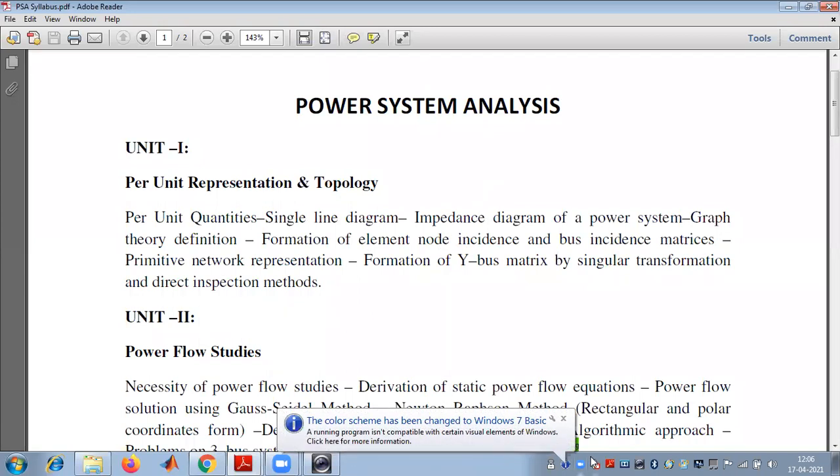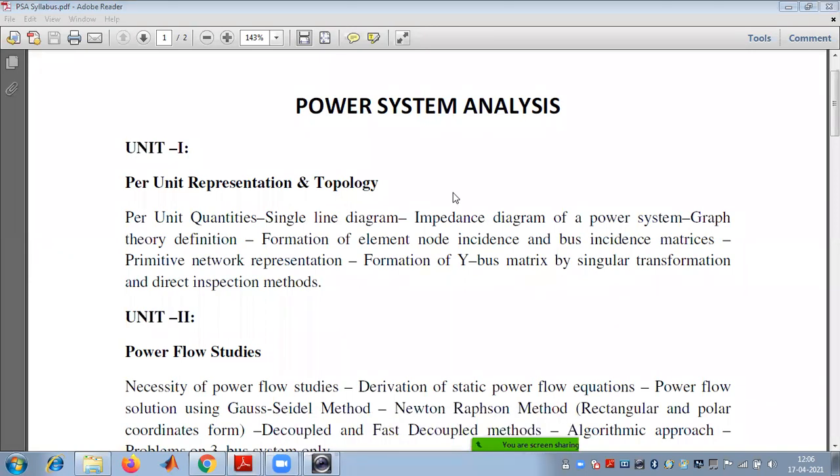Under that, the first unit is this one, per unit representations and its topology. I think we have started this chapter number 1. So we completed the per unit quantities, single line diagram, and impedance diagram of a power system. Now we are going to enter the next one, that is graph theory definitions.